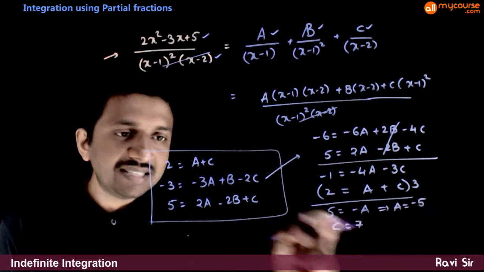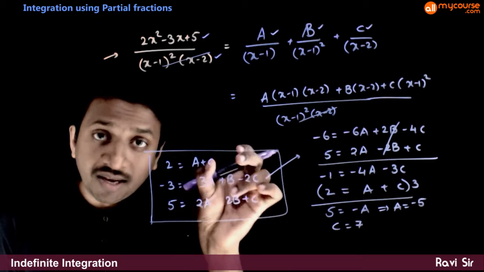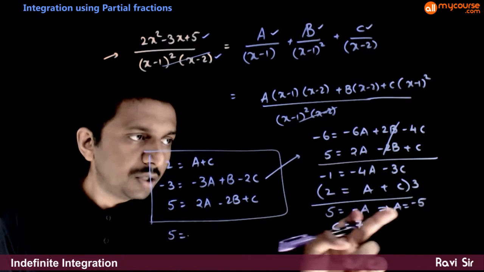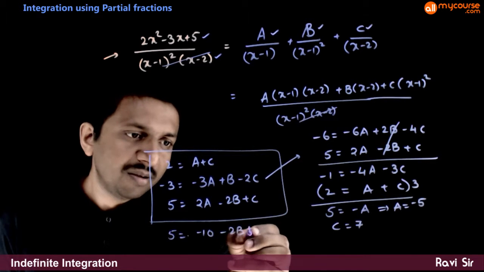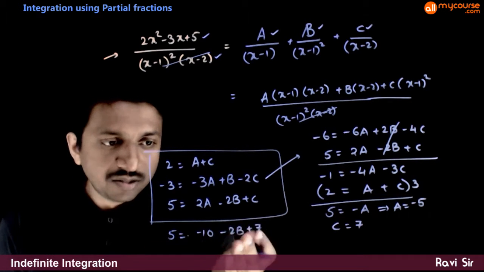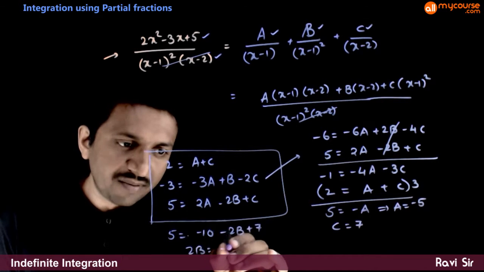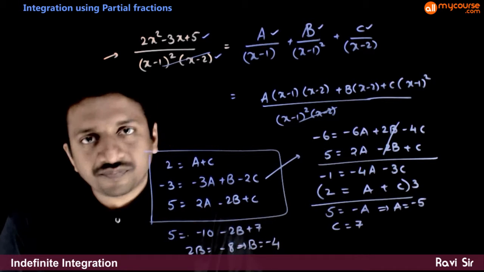Once a and c are obtained, you can substitute these two in any one of these equations. So 5 is equal to 2a, that is minus 10, minus 2b plus 7. So 2b is equal to minus 3 minus 5 is minus 8. So b is equal to minus 4.